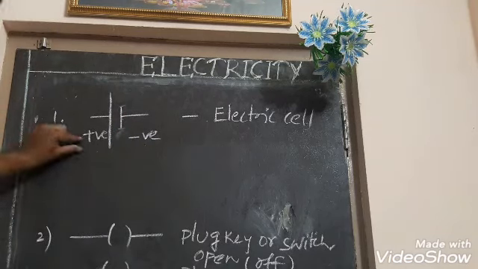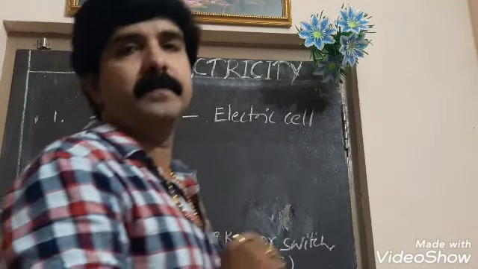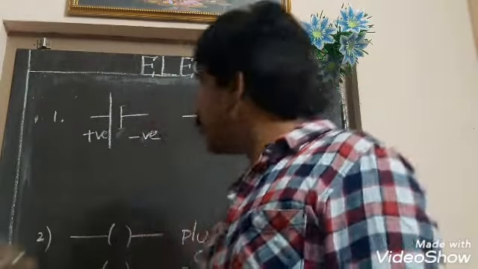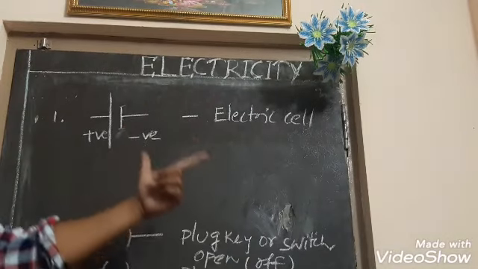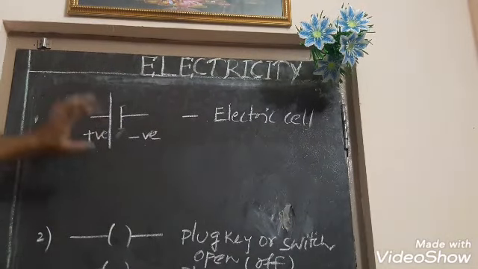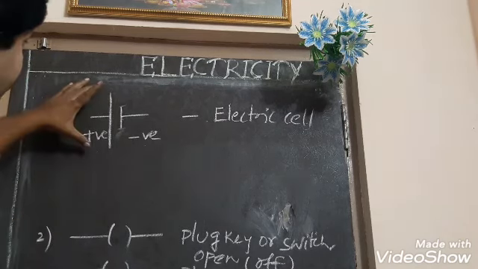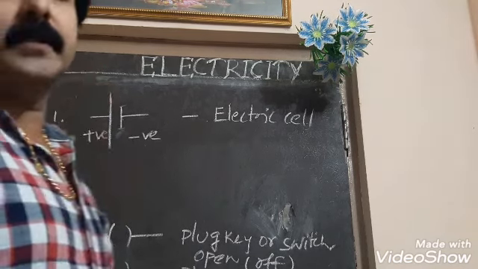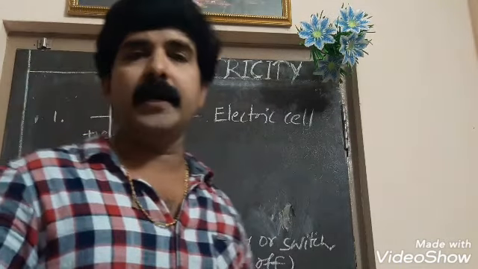The positive terminal is called anode. The negative terminal is called cathode. Okay. While representing the electrical cell, you should be careful that the big line always indicates the positive terminal and the negative terminal is indicated by the small line.